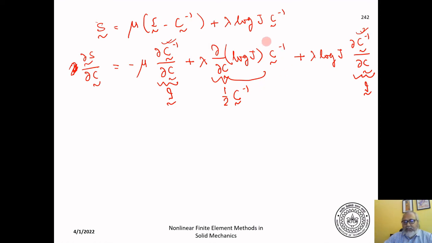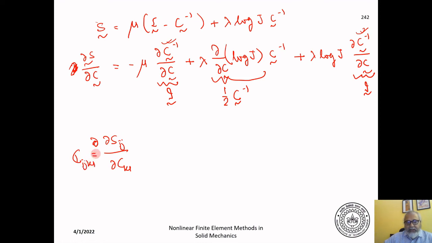So this also has to be a fourth order tensor, and to determine how to handle this, let me write this term. What we are getting is del Sij over del CKL, which is CIJKL.